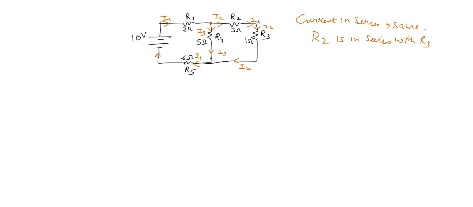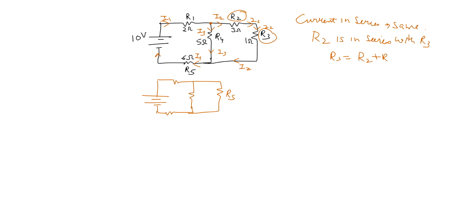If I redraw the circuit, my new circuit will look like this, with a series combination, where RS represents the series combination of R2 and R3. That is R2 plus R3.